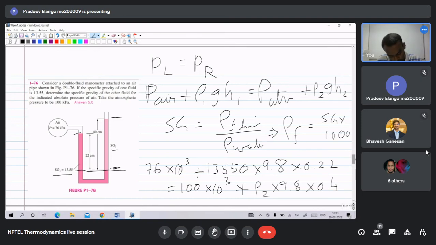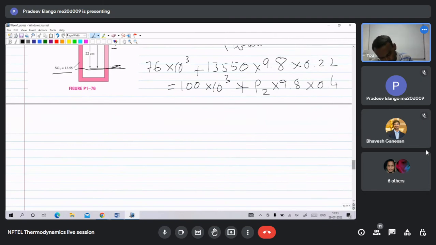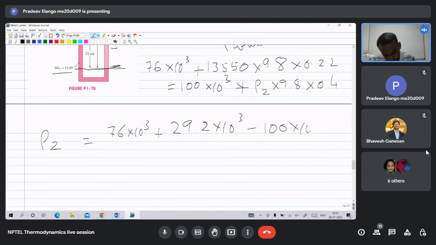So solving this, we have rho 2 is equal to 76 into 10 power 3 plus, multiplying 13,550 into 9.8 into 0.22, gives 29.2 into 10 power 3, minus 100 into 10 power 3, the whole divided by 9.8 into 0.4.